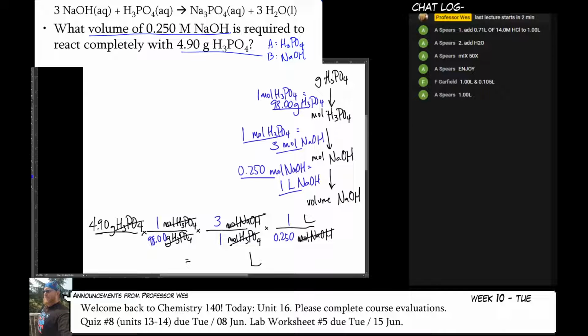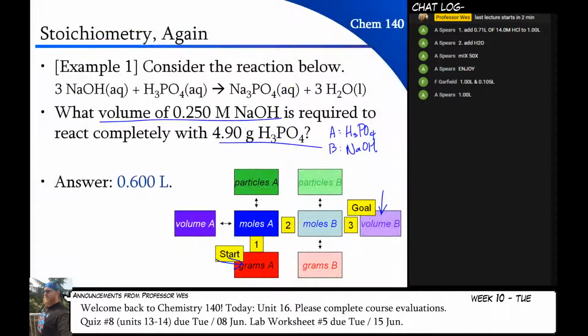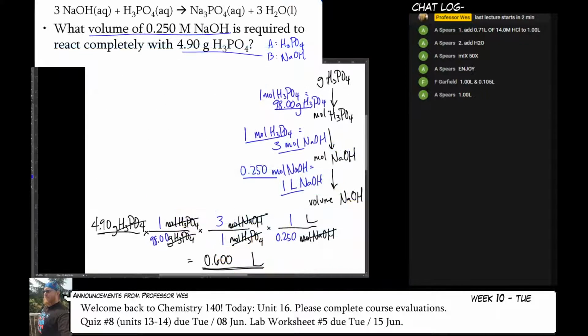And I get 0.600 liters. So 600 milliliters is required to completely react with this acid. And wouldn't you know it, that's the right answer. I'll leave the work on the screen for just a second, though.